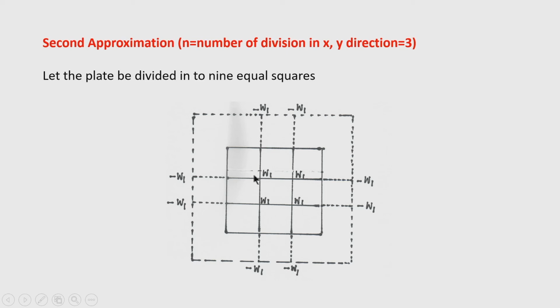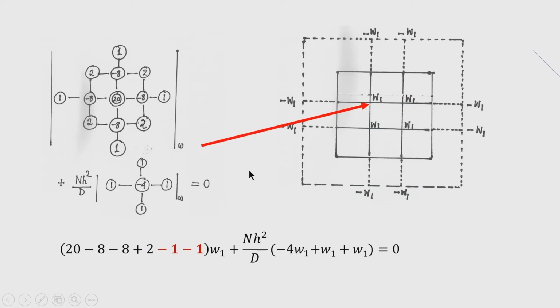So, similarly, minus W 1 is written here, and here also minus W 1, here it is minus W 1, all are written accordingly. Okay. So, now place the stencil.